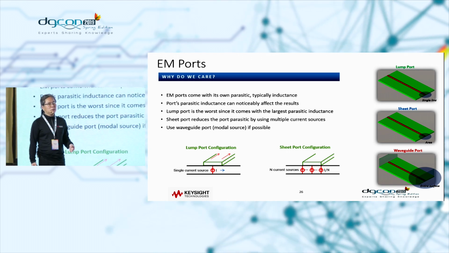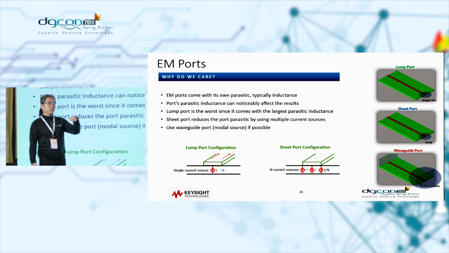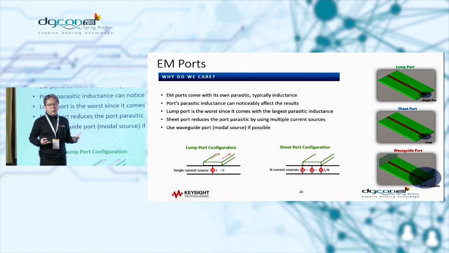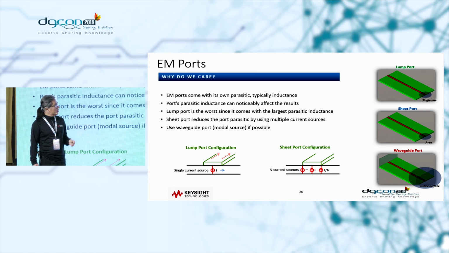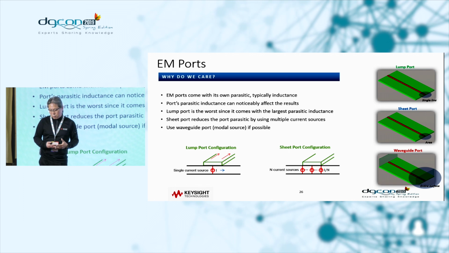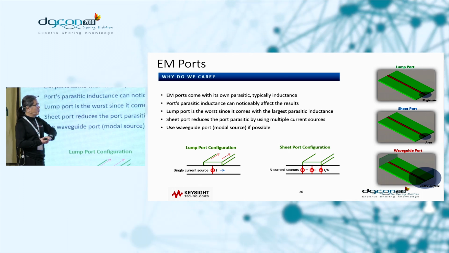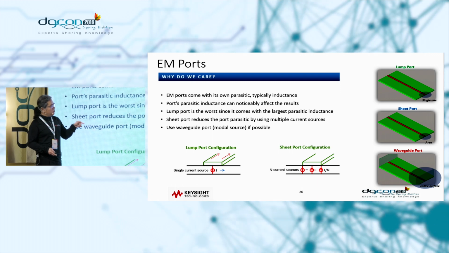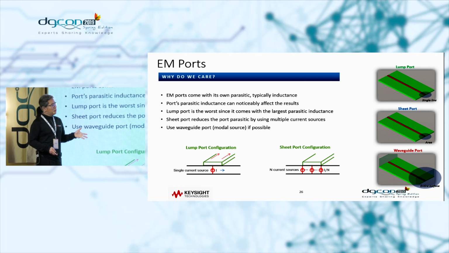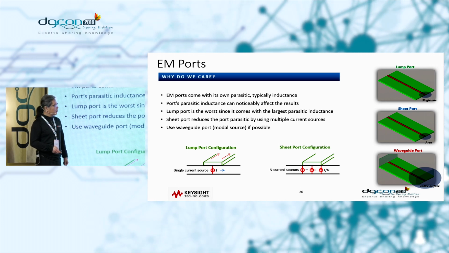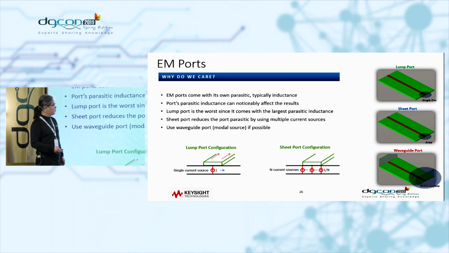But for certain structures, for example when you simulate the via structure, it may not be that easy to create waveguide structures. That's where you probably need to go with a lump port or a sheet port. So that's why most of the EDA vendors are providing those different types of sources. But again, since waveguide port is the most accurate port, it's better to use waveguide ports as much as possible.